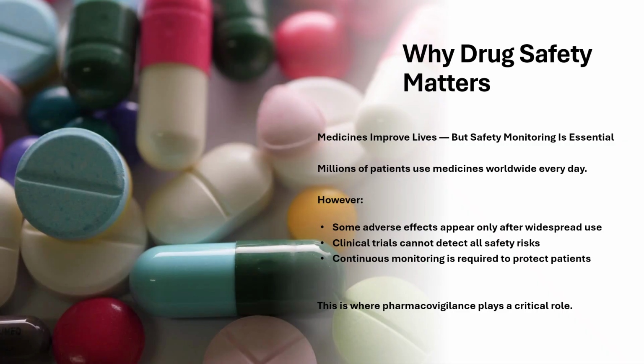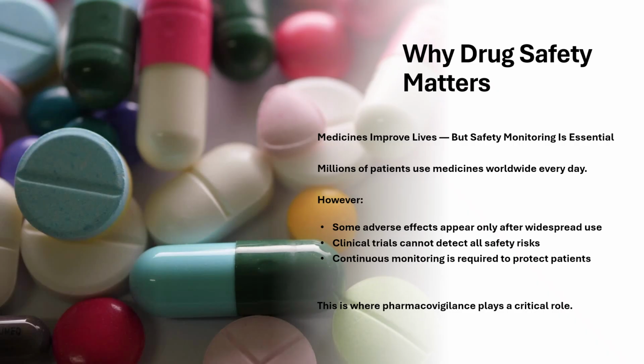Before I dive into what ICH guidelines are, let's first discuss why drug safety matters. We all know that there are millions of people worldwide who are using medicines to improve their lives or to cure disease, right? But medicines do improve lives, but the safety monitoring is very essential.